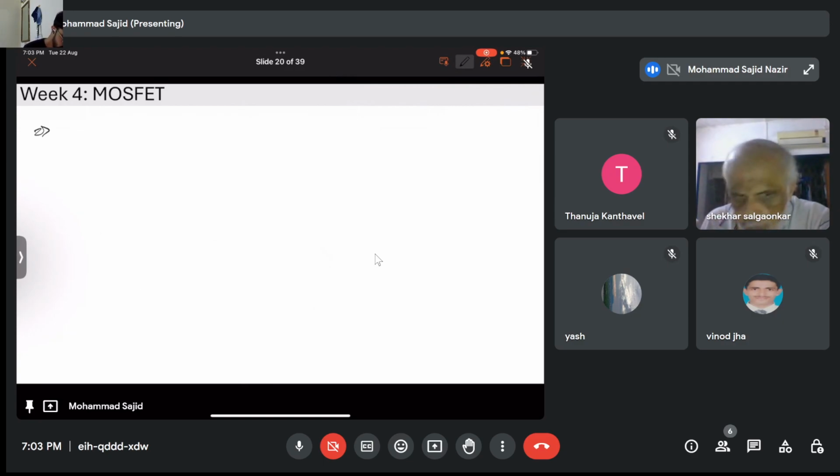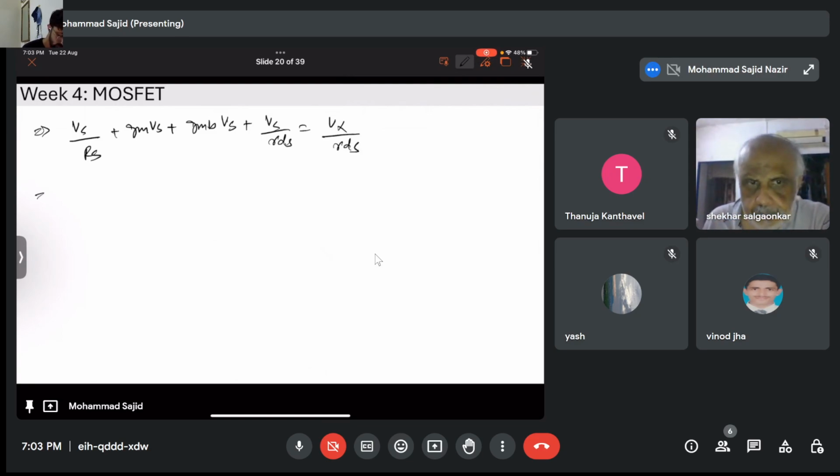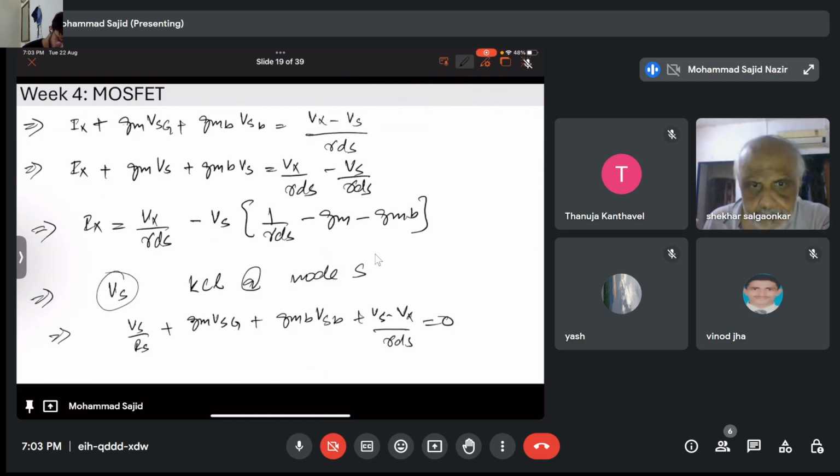Okay, so this will be Vs by Rs plus Gm Vs plus Gmb Vs plus Vs by Rds is equal to Vx by Rds. Taking Vs in terms of Vx, because that's what we need here.